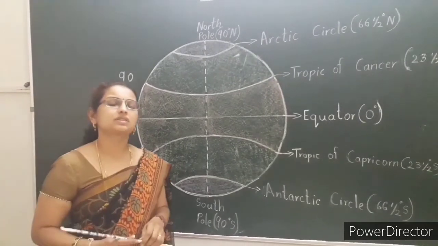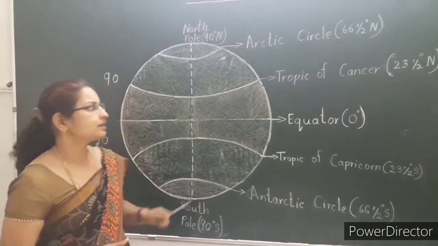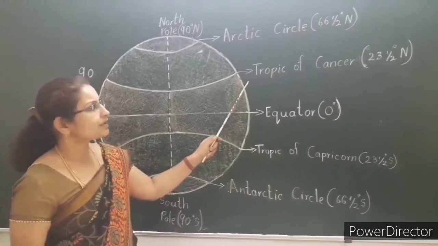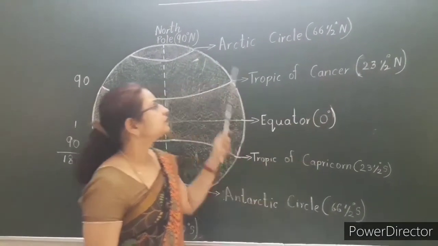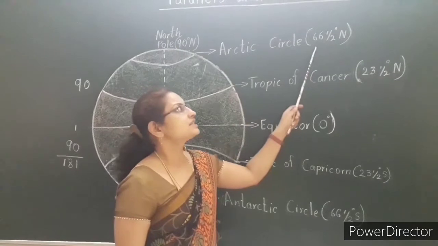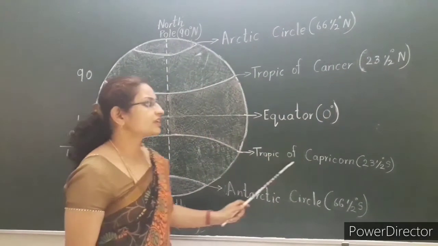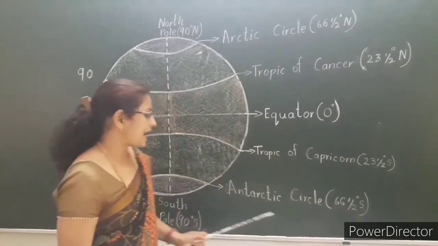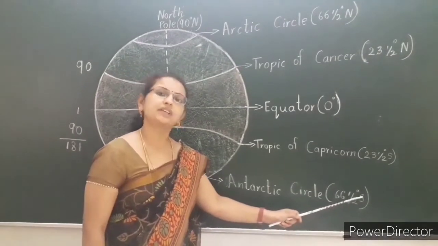The most important 5 parallels are: the equator, 0 degree; Tropic of Cancer, 23.5 degree north; Arctic Circle, 66.5 degree north; Tropic of Capricorn, 23.5 degree south; and Antarctic Circle, 66.5 degree south.